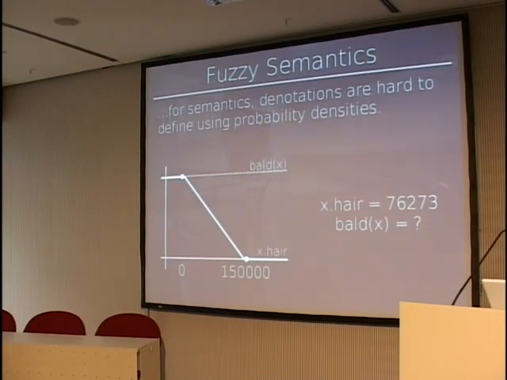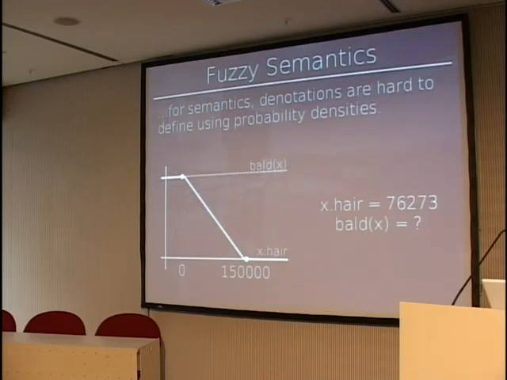Because if you have perfect certainty, if you know that there are exactly 76,273 hair on a person's head, and you want to ask the question whether that person is bald, and you plug that value into a probability density function, well, then the probability will be 0. You will maybe never have observed a person with exactly that many hair, and therefore probabilistically you can't say whether that person is bald or not.